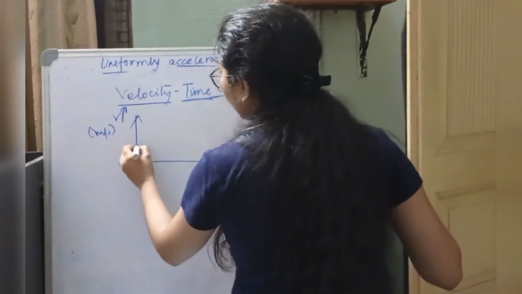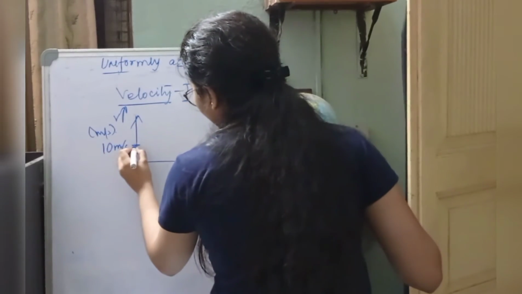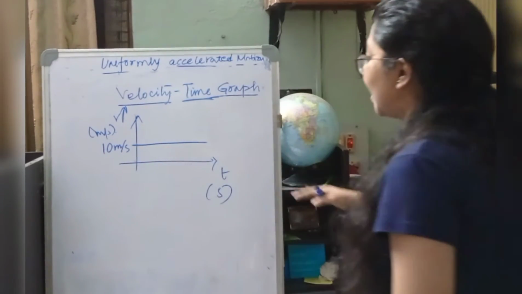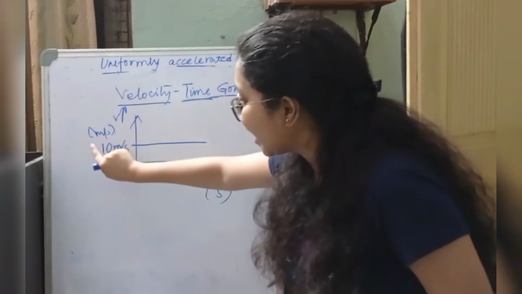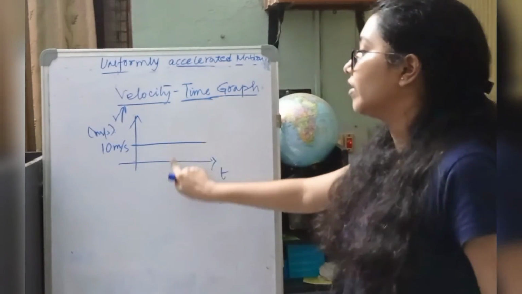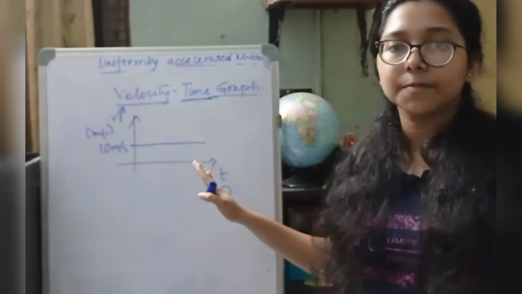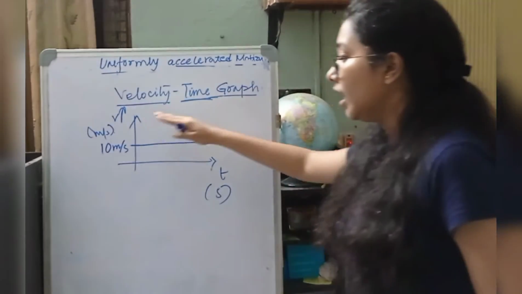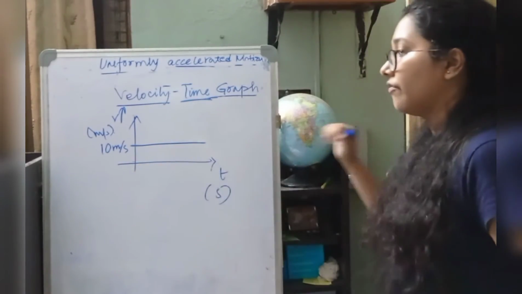Suppose the velocity is 10 meter per second. I will draw a straight line parallel to the x-axis. That means this velocity of 10 meter per second remains constant over all the time intervals. So this Vt graph gives me a constant velocity of 10 meter per second, constant with respect to the passing of time.